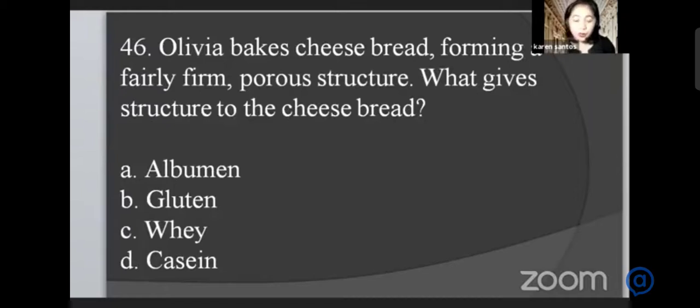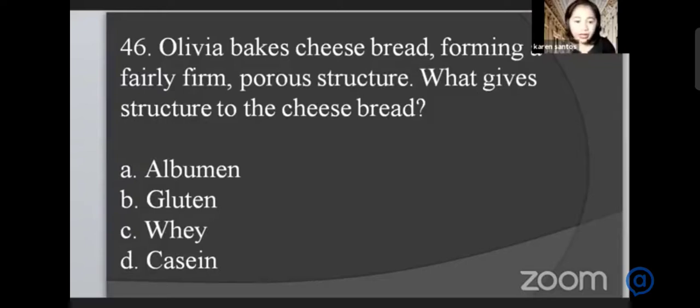Okay, so gluten, it gives the dough the elasticity, and also it helps it to rise and keeps the shape, leaving the final product a chewy texture. So yung albumen, we all know that it is the part of the white in the egg.